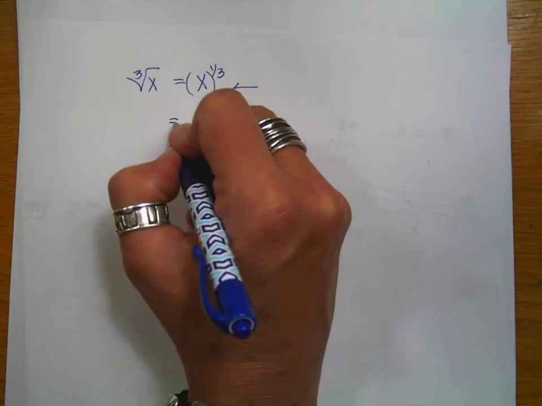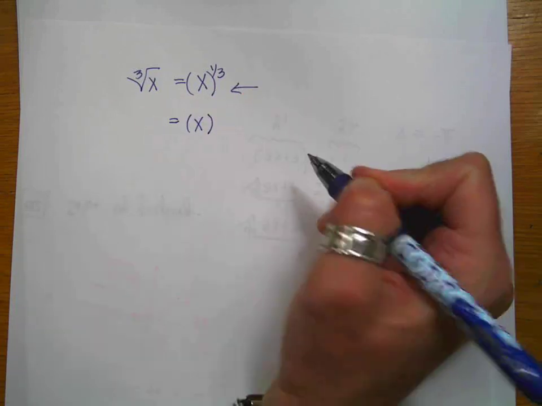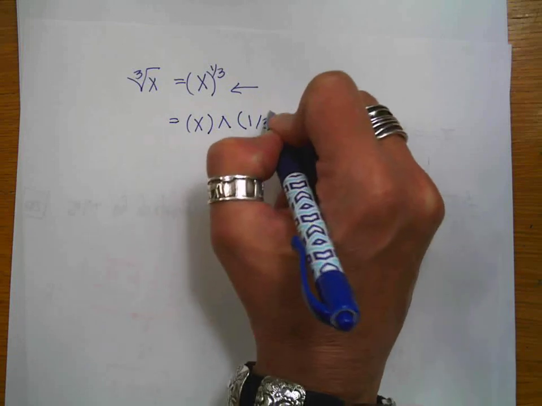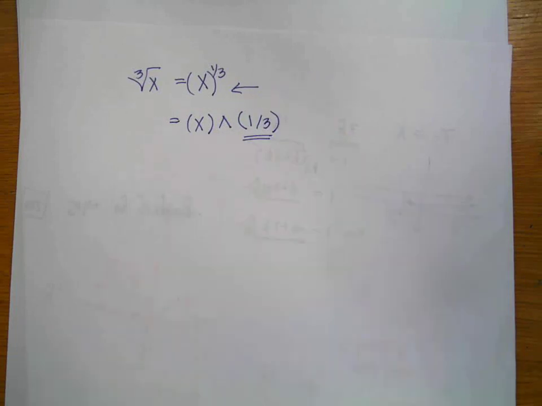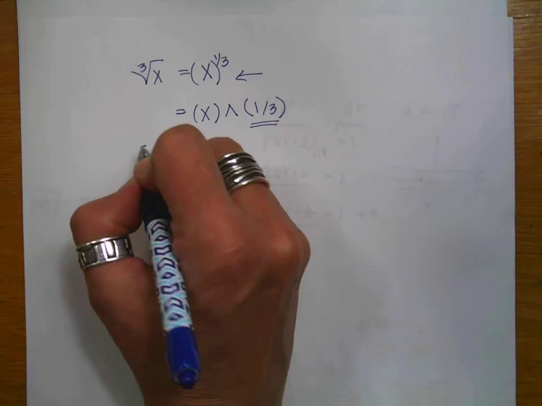If you have one of the little old black calculators, you would do whatever's inside, caret, and then you have to do 1 divided by 3, and the entire fractional exponent would have to be in parentheses. You want to make sure you're doing that if you're using one of the older graphers.